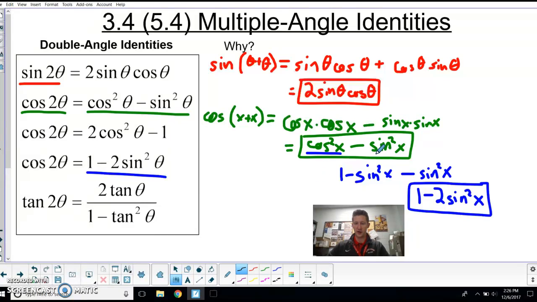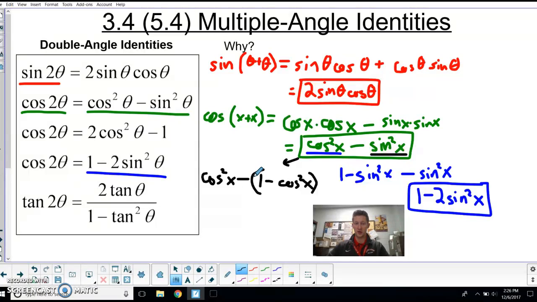If I want to find the third one, I'd replace sine squared with its equivalent Pythagorean identity expression. So we'll write that over here: I'm going to have that first cosine squared x, and then I'm going to subtract, and I'll put it in parentheses because I'll subtract both of these. Sine squared gets replaced with 1 minus cosine squared x. Again, that's a Pythagorean identity. Now, I put it in parentheses because I'm subtracting both of these terms.